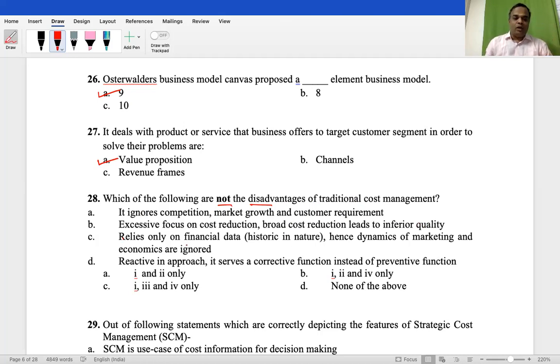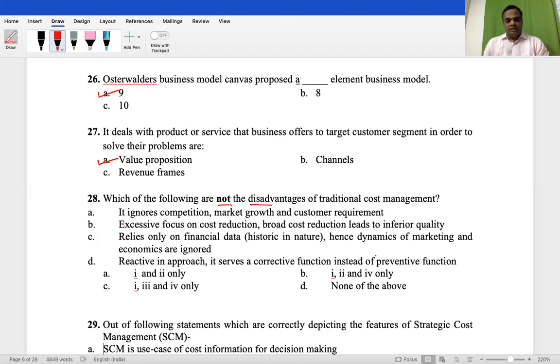Third one, relies only on financial data, hence dynamics of the market and the economics are ignored. That is also its disadvantage. Fourth one, reactive in approach. It serves a corrective function instead of a preventive function.